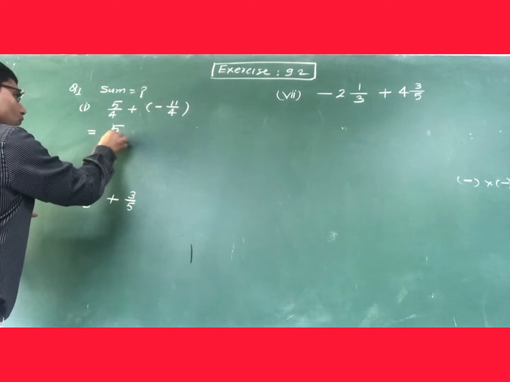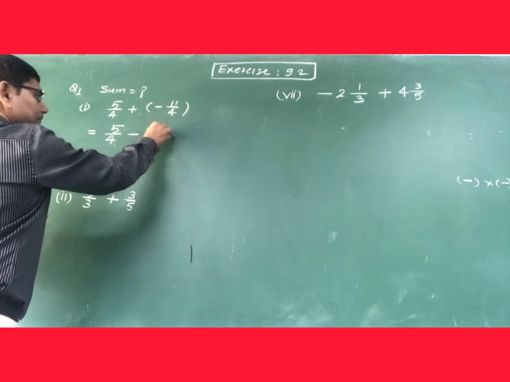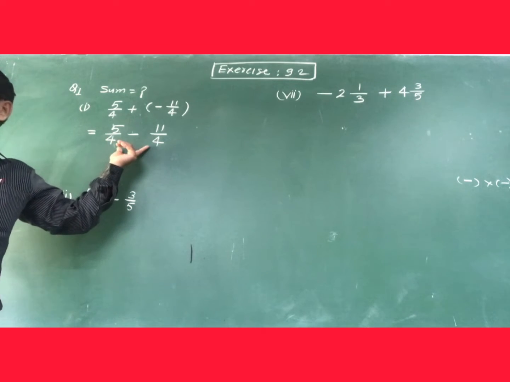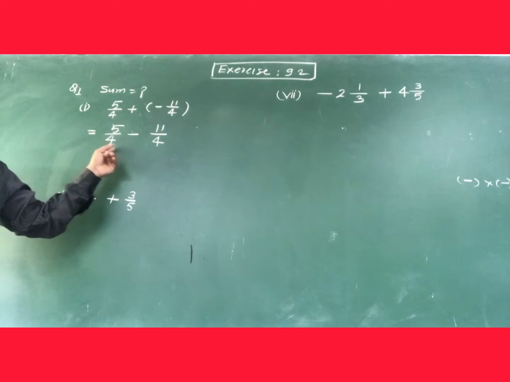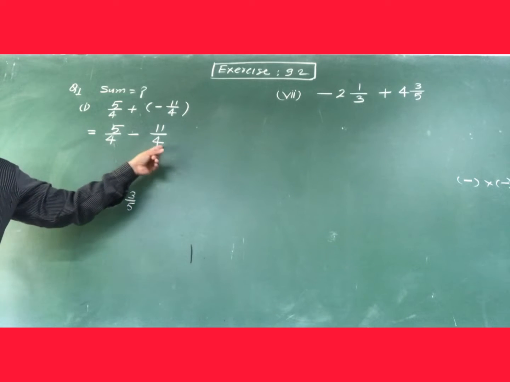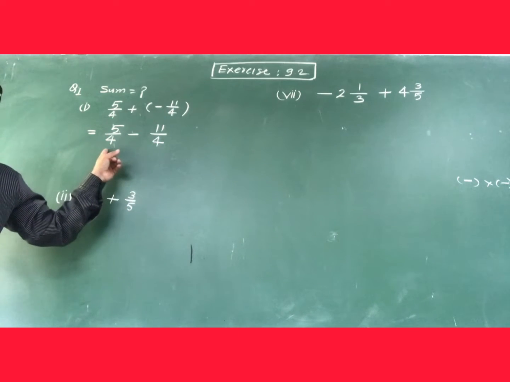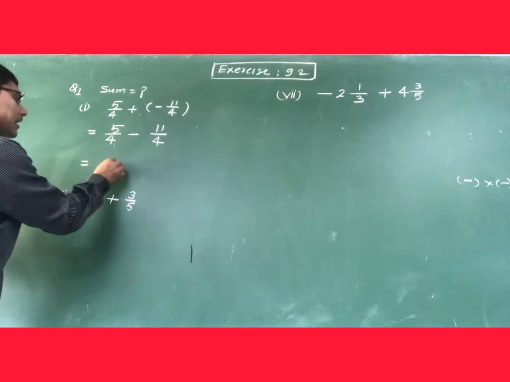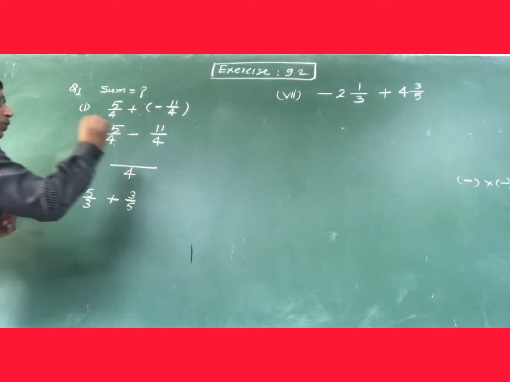That is, you will write it as 5 by 4 and minus 11 by 4. After that, as fractions, you will observe here this is the denominator and the denominators are same. So you will write only one time this denominator, that is 4.